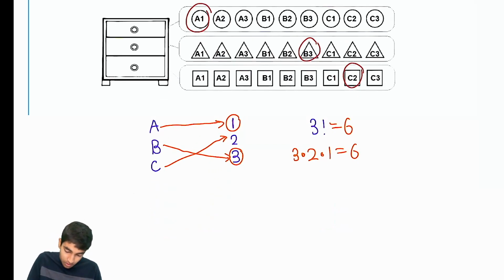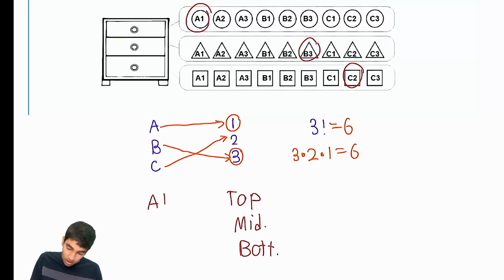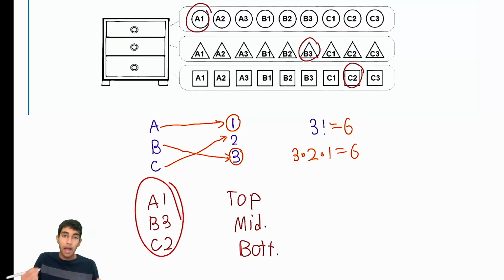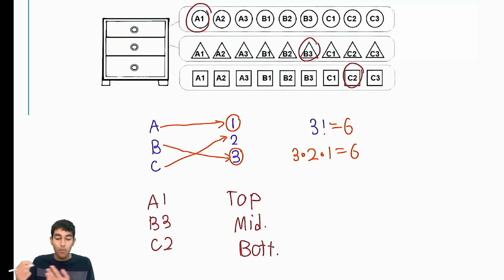Well, again, you can do the same thing, imagine, top, middle, bottom, and A1, B3, C2. And again, this doesn't really matter. This is just the case we picked, but it would be the same thing if we had A2, B1, C3, for example. So this is literally the exact same scenario.